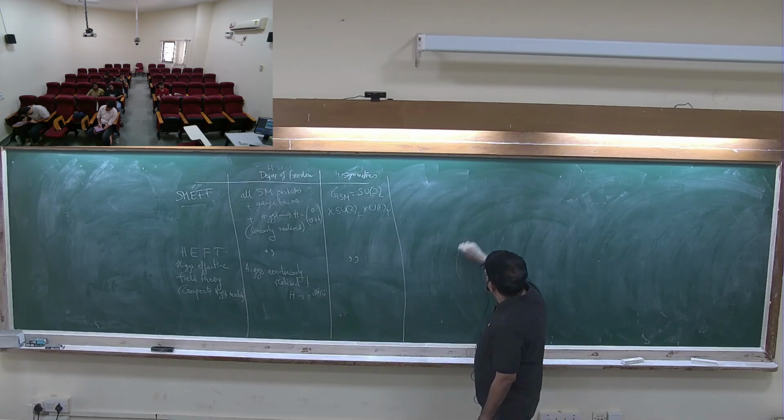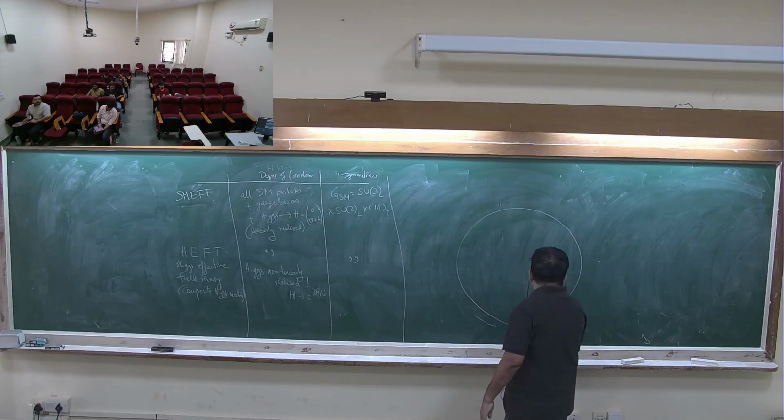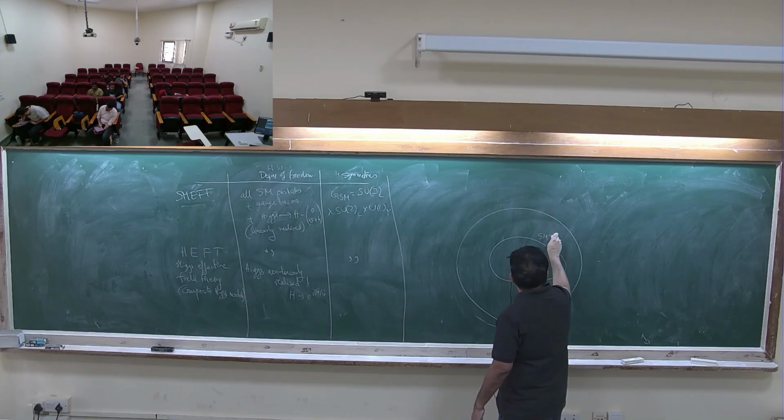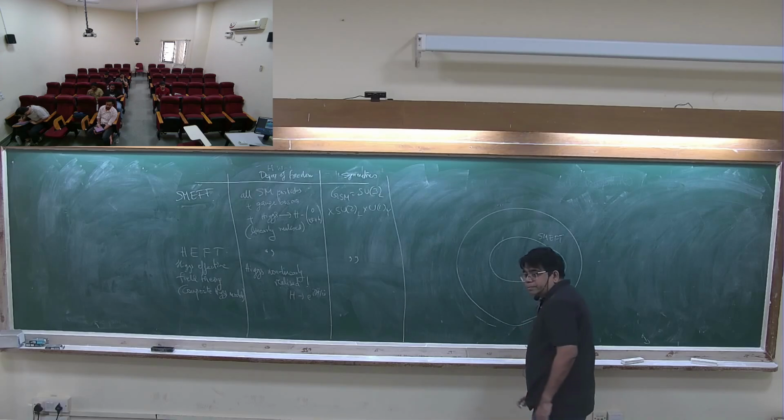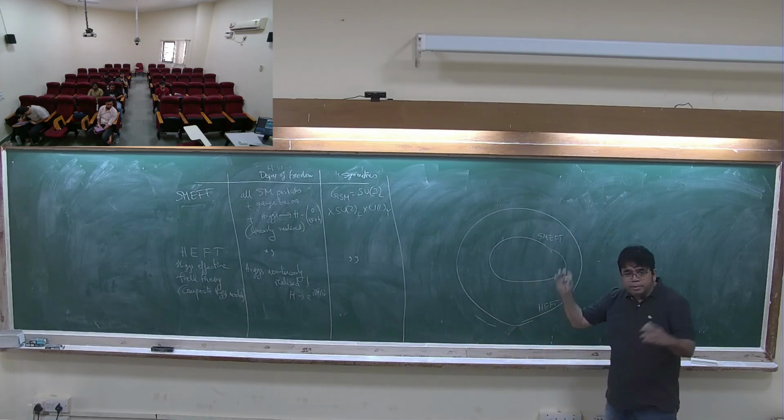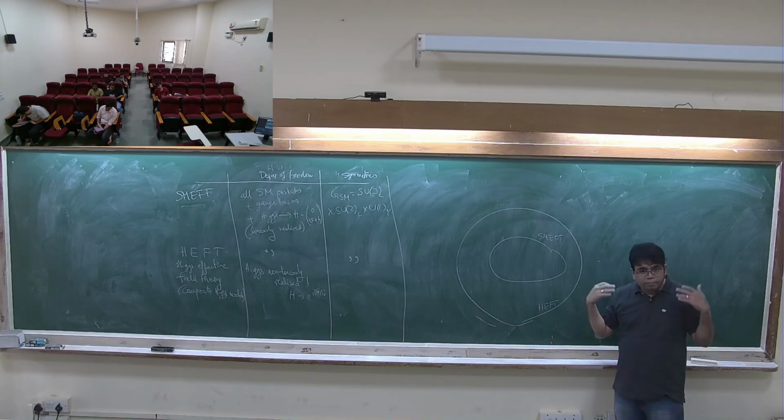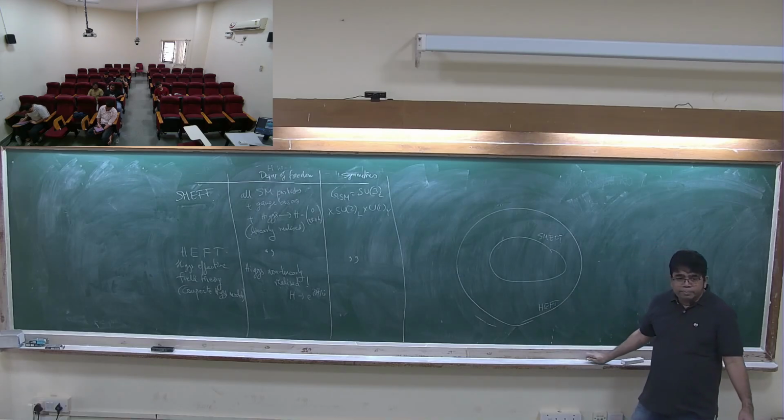HEFT is much bigger, and SMEFT plays a smaller role. So for all possible theory models of BSM or whatever possibilities you can consider, HEFT is much bigger, at the same energy scale. The energy scale is the same.